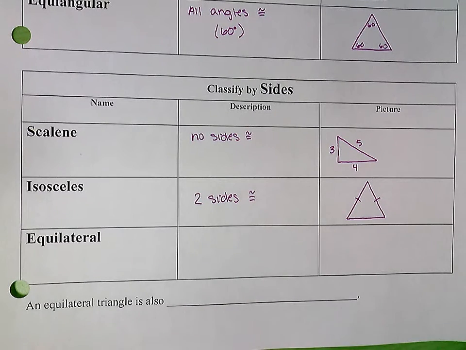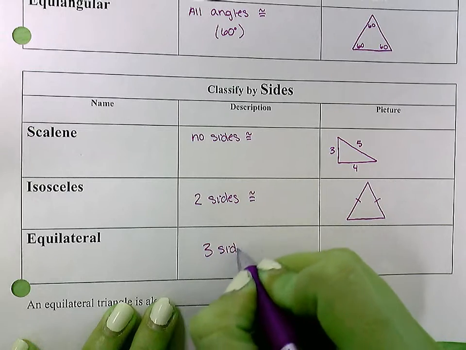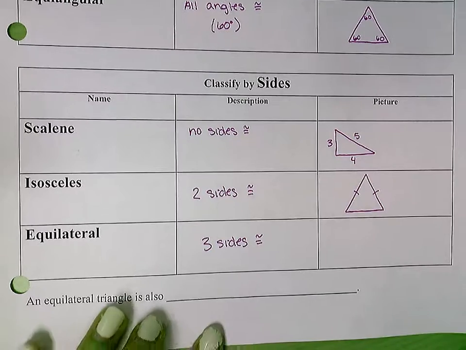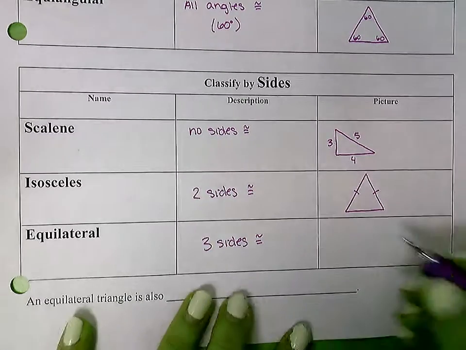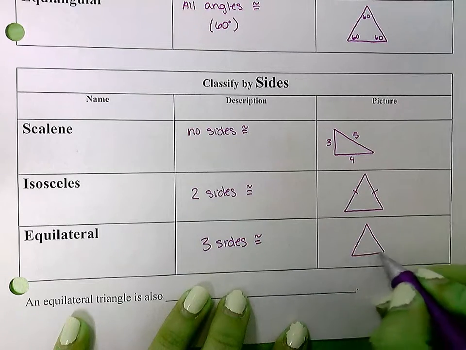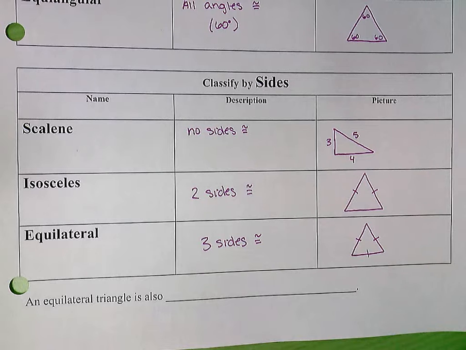Last one is an equilateral triangle. Those are triangles with 3 sides that are congruent. So all 3 sides are going to be equal to each other. So again, my picture here. To label all 3 sides, I'm going to put that dash mark through all 3 to signify they're the same.